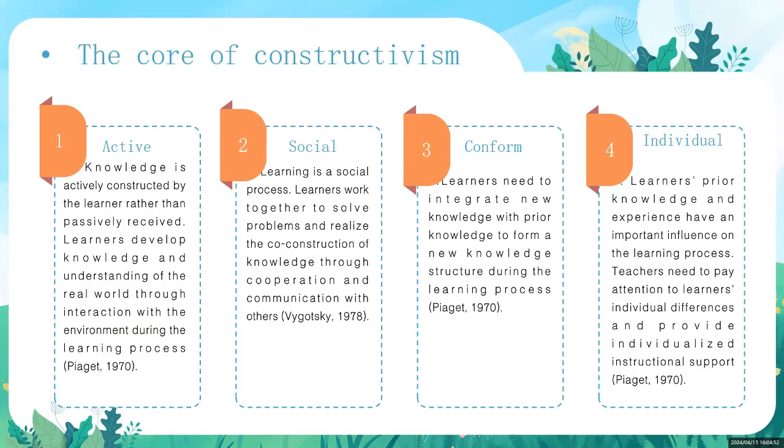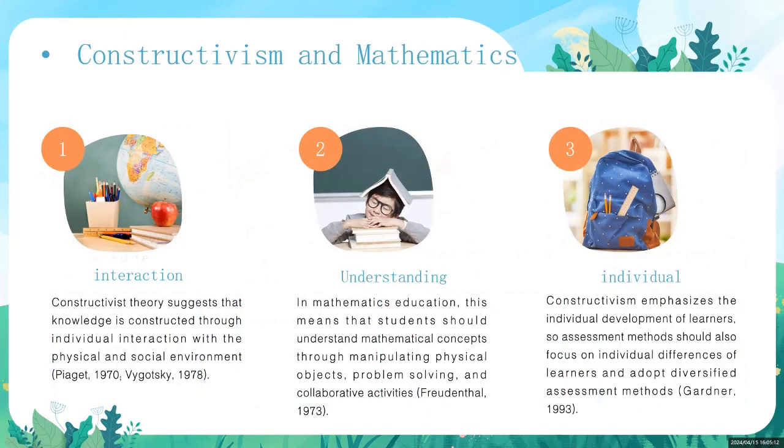Fourth, individual. Learners' prior knowledge and experience have a significant impact on the learning process. So our teachers need to pay attention to learners' individual differences and provide personalized instructional support. Beyond that, the relationship between constructivism and mathematics can be summarized in 3 points: interaction, understanding, and the individual.